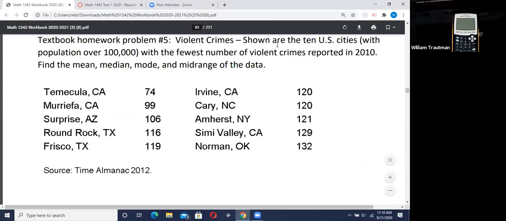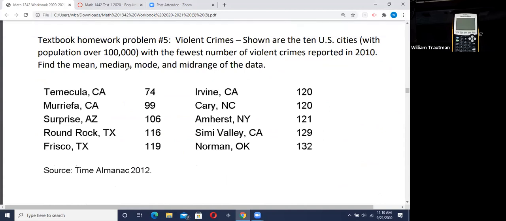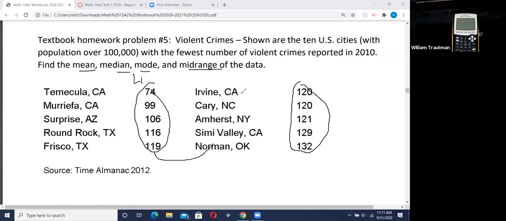Okay, so we're going to find the mean, median, mode, and mid-range of the data set. So we're putting all of this data into list one, all of it, everything.